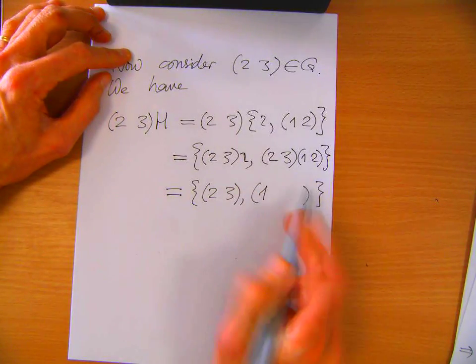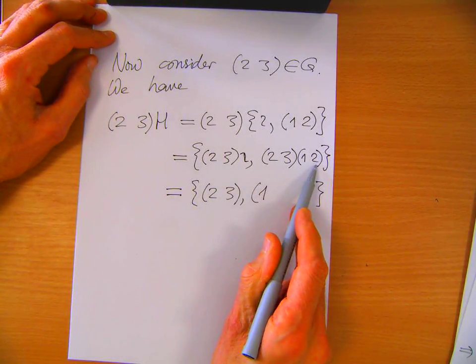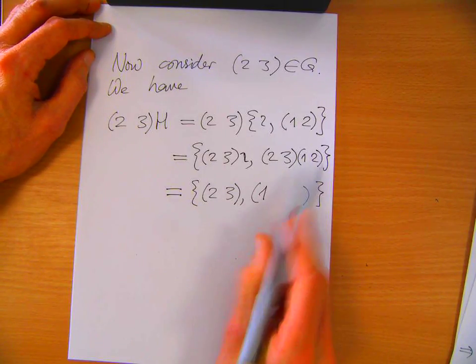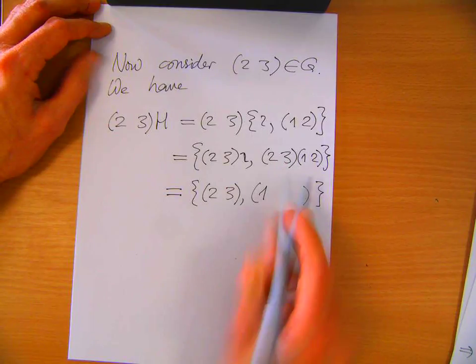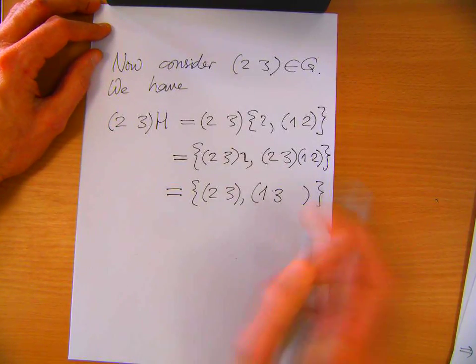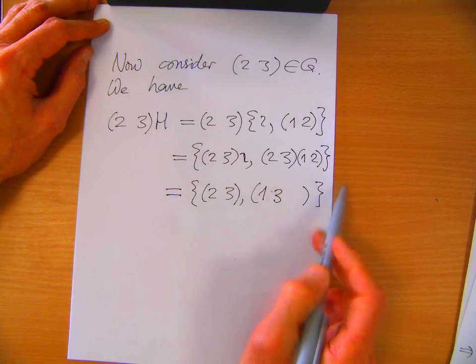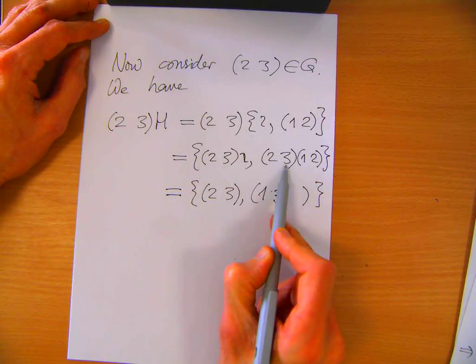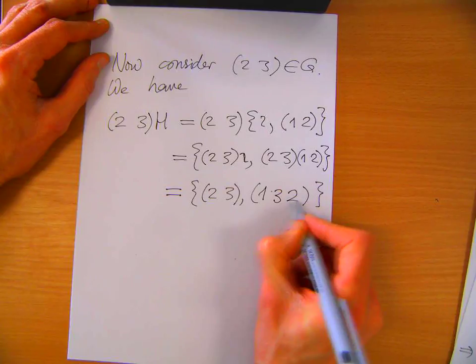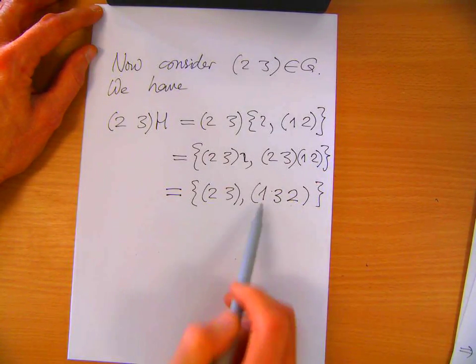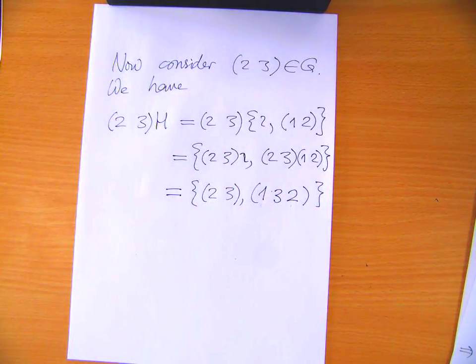So where does 1 go? 1 goes to 2, which then goes to 3. So 1 goes to 3. Where does 3 go? This takes us 3, and this sends 3 to 2. So 3 goes to 2, and then in fact 2 goes to 1. So that closes that off.